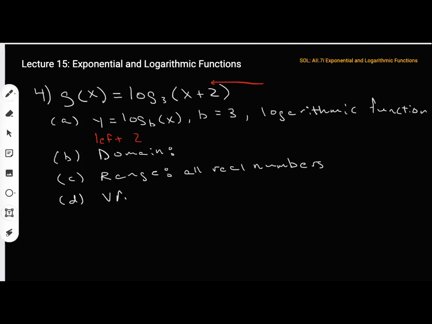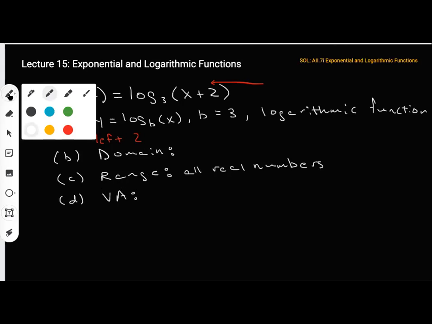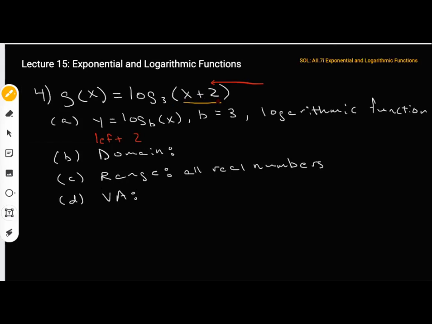Okay, vertical asymptote. So what we're going to do to find vertical asymptotes is set the insides equal to 0. So we're going to take this x plus 2 that's on the inside and set it equal to 0. And I explain why I do this in the vertical asymptote video.